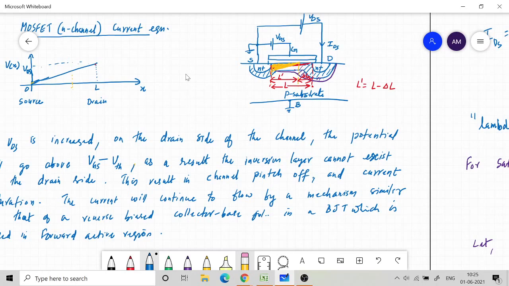If you apply a positive voltage greater than the cut-in voltage of the diode, you are going to have a huge current, and then everything will get messed up. The MOSFET operation will not happen. So we should never forward bias the PN junction.